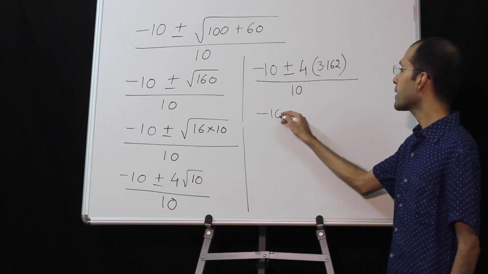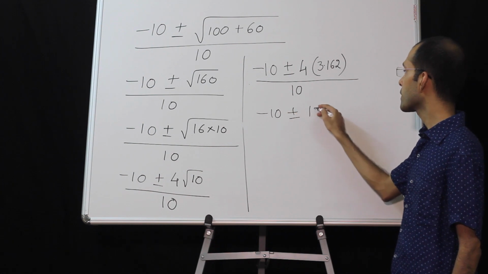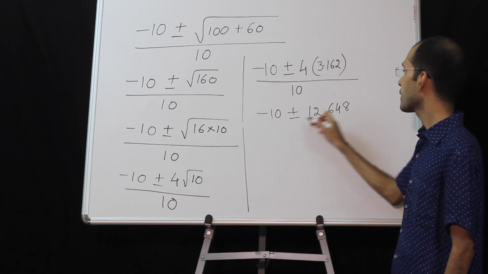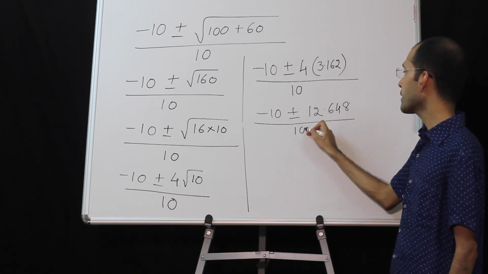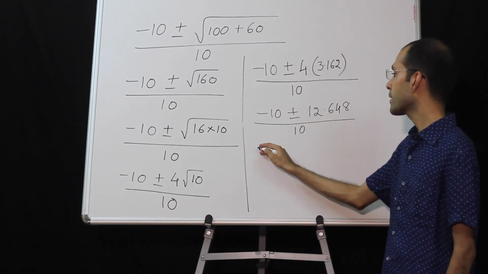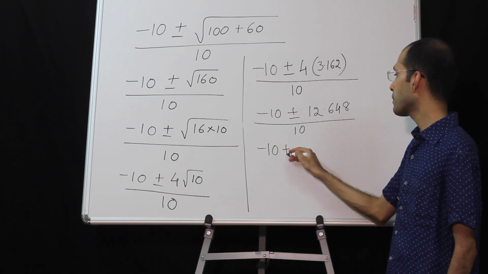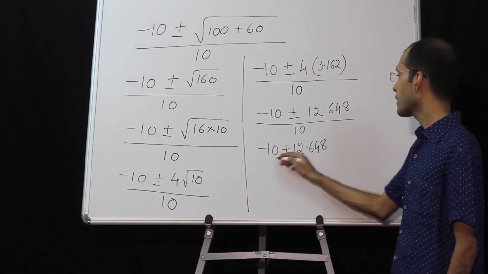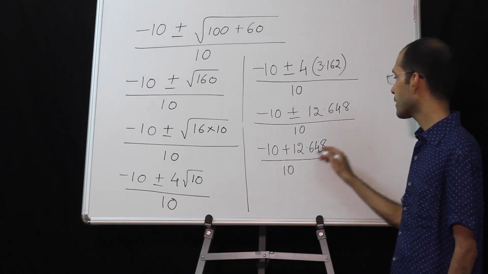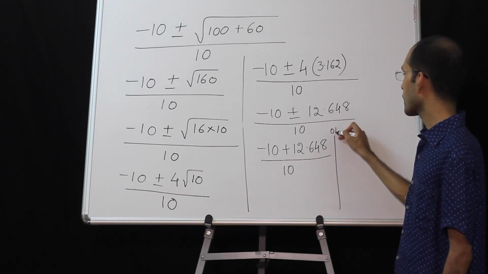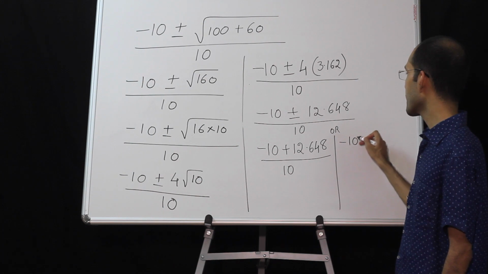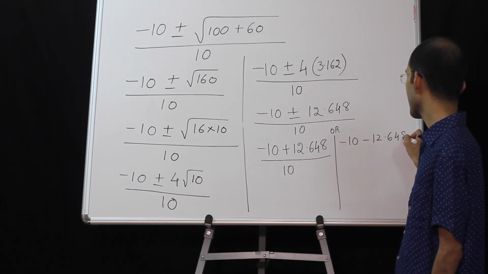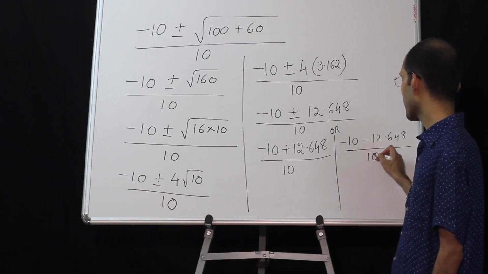So this would be minus 10 plus or minus 12.648 divided by 10. Now there are two possibilities, minus 10 plus 12.648 divided by 10, or minus 10 minus 12.648 divided by 10.